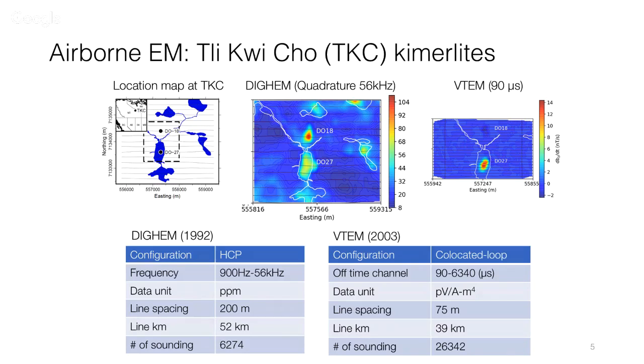The time domain system at a particular time gives rise to this here, so it picks out the bottom pipe, but this one up. So those are the two. I won't bother going into details, but the frequency here was 6,000 hertz. And this is the time domain: the current waveform is a step off, and you're measuring signal at 90 microseconds after the turn off. So those are your data.